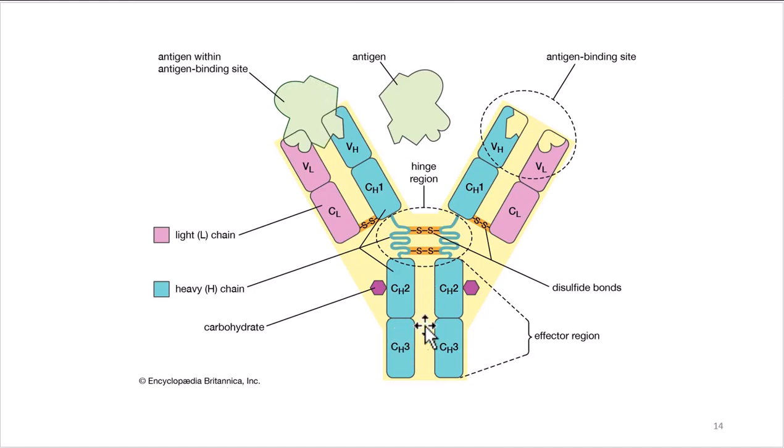So in this case, it's going to be the Fc region which binds to those mast cells. And that's why the IgE coats those mast cells, because the Fc region is especially adapted to recognize and bind to the surface of the mast cells.